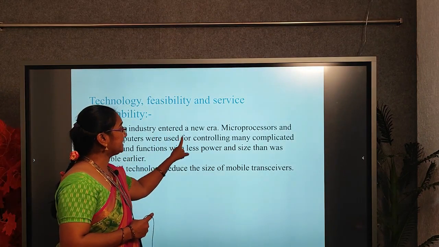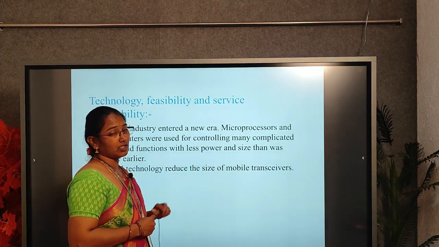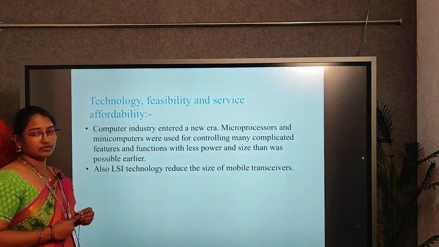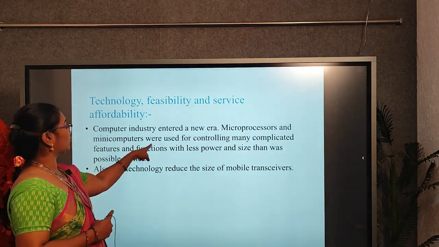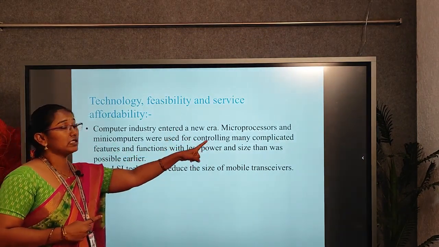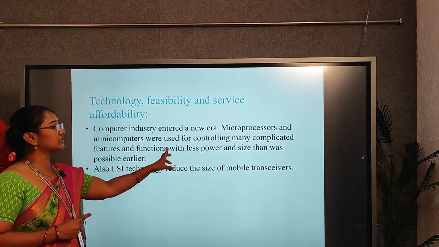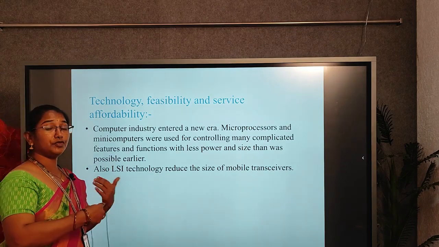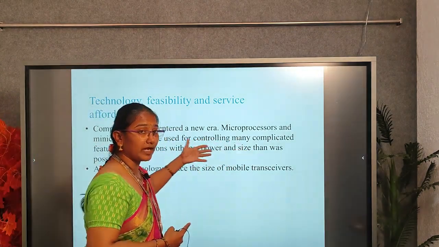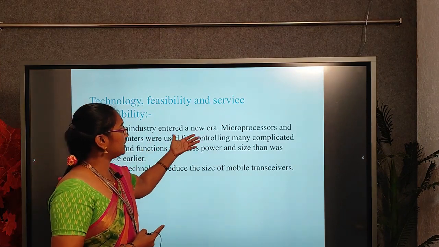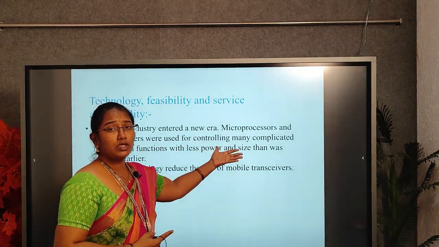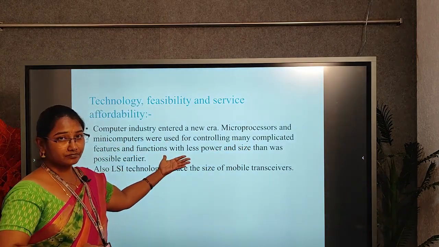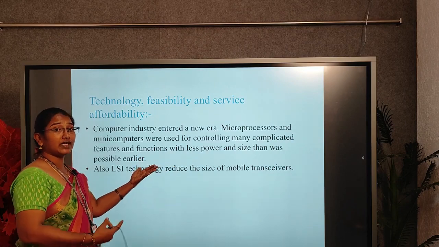Technology feasibility and service offerability. The computer industry entered a new era. Why discuss the computer industry? Microprocessors and microcomputers were used for controlling many complicated features and functions with less power and size than was possible earlier, with more efficient working capabilities, more control and fast operations.